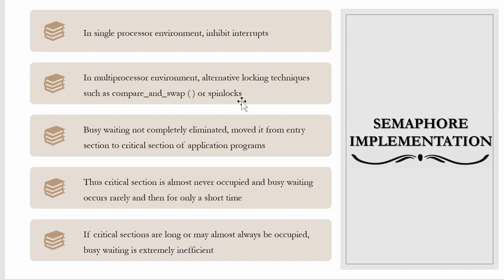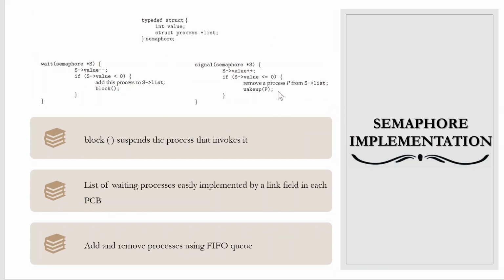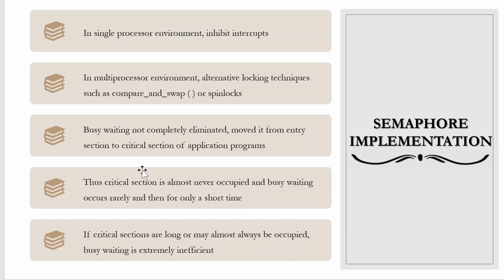It is important to admit that we have not completely eliminated busy waiting with this definition of wait and signal operations. Rather, we have moved the busy waiting from the entry section to the critical sections of application programs.